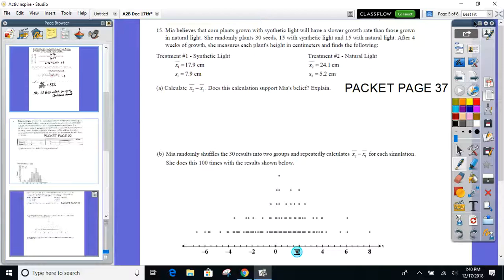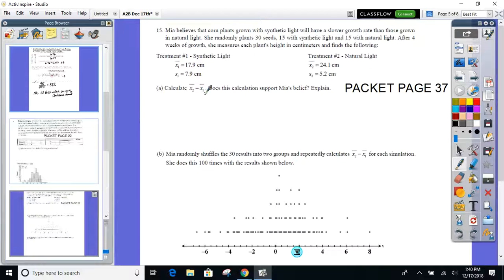A lot of plants today. Now it's synthetic light, and this Mia girl thinks synthetic light will have a slower growth than natural light. So here are facts for synthetic, here are facts for natural. Calculate the difference in the means now. I'll do this one with you. And it's x2 minus x1.